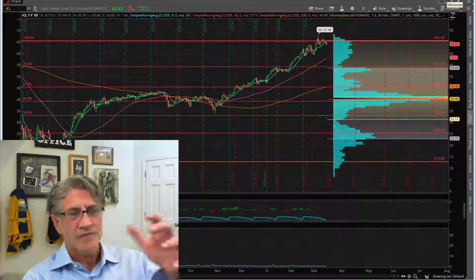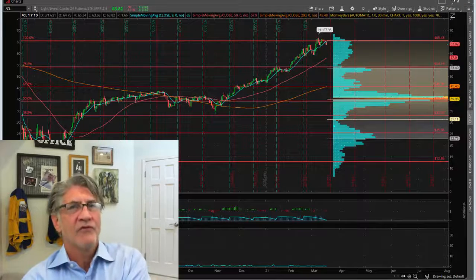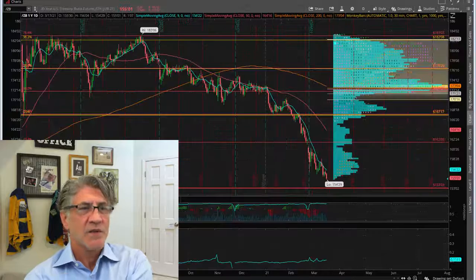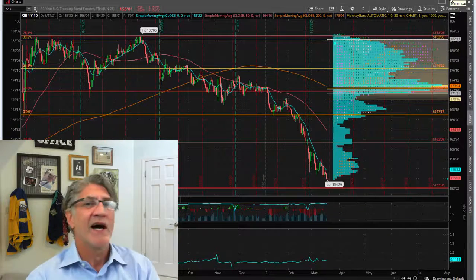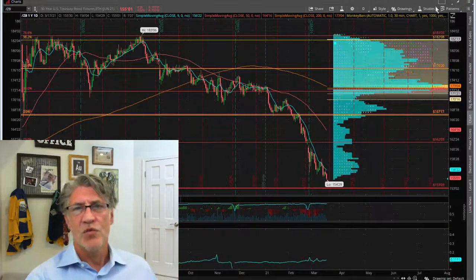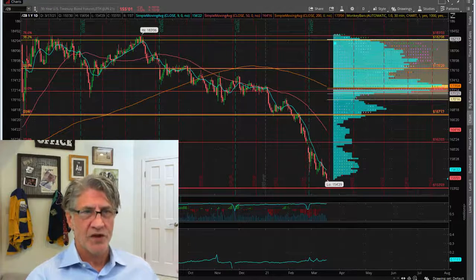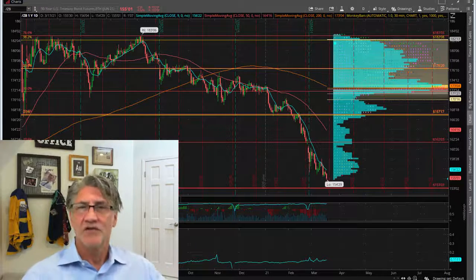Stimulus checks going out could drive demand for gasoline as well, as people decide, hey, it's spring break, we got our stimulus check, let's go somewhere, and that would then cause people to start spending, right?